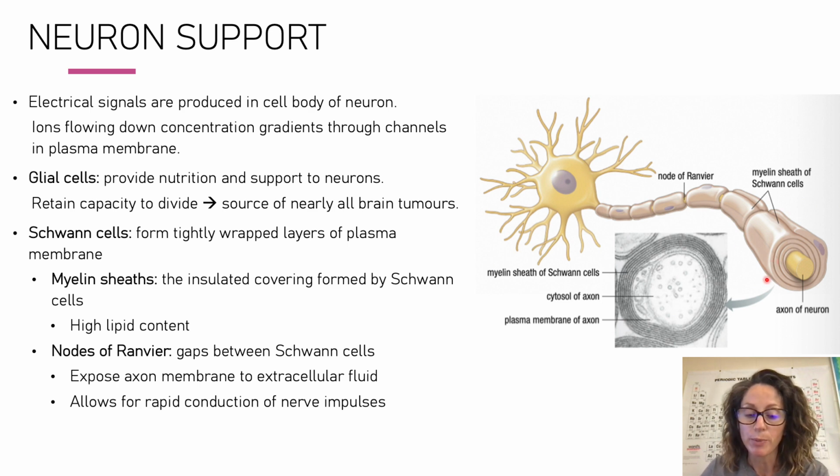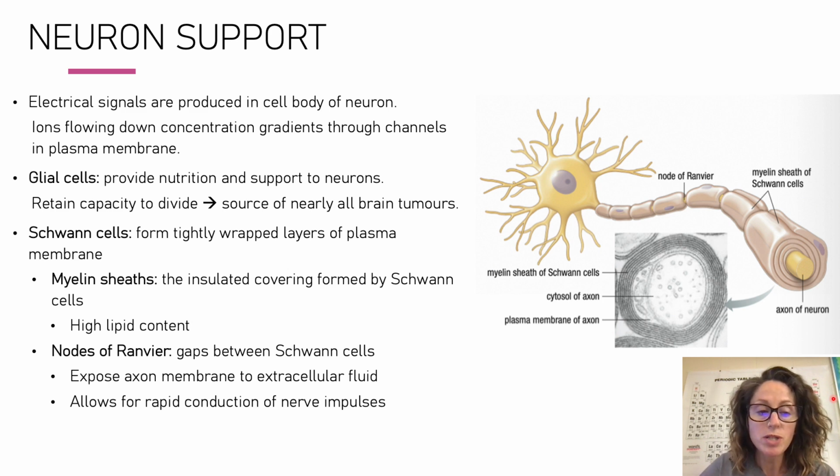So if you remember from Unit 1, we have like a normal cell, and then it has this big, long extension of the plasma membrane, and that wraps around this neuron. And it does that to create an insulation, because you can think of neurons almost like wires, and they need insulation to properly function. They have a high lipid content, which is why I talked about it in Unit 1.